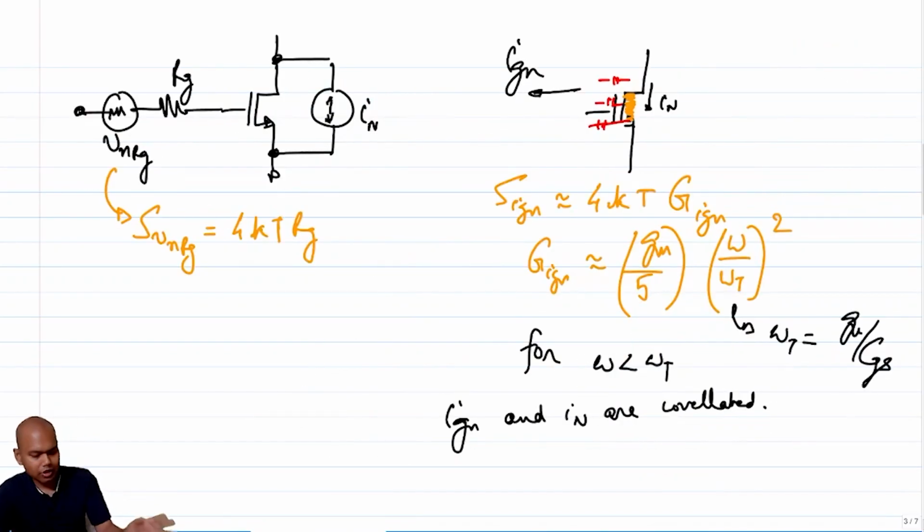Then we also saw there is another high pass gate induced noise, which is supposed to be correlated with IN, but as it turns out, even if you do not take that correlation into account, there is not much harm done.